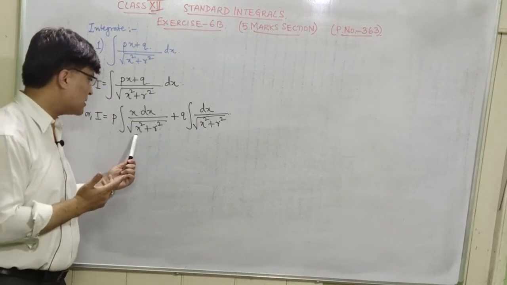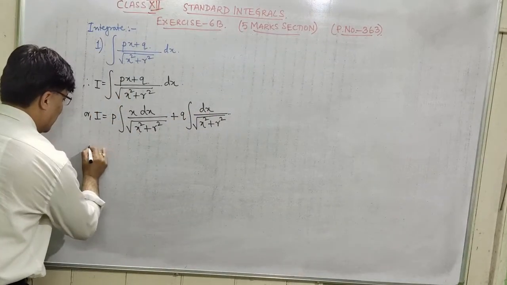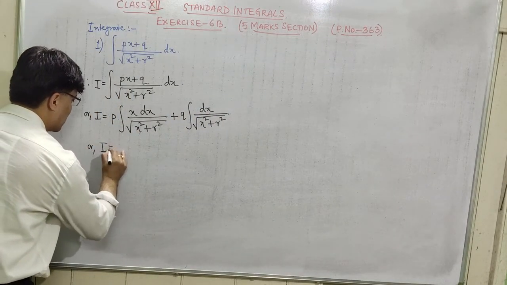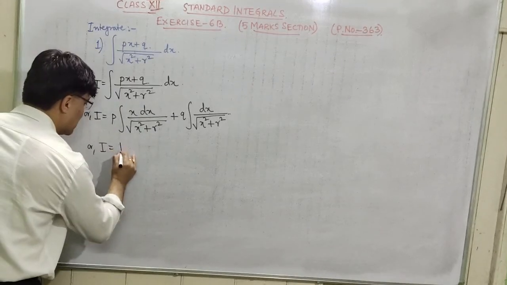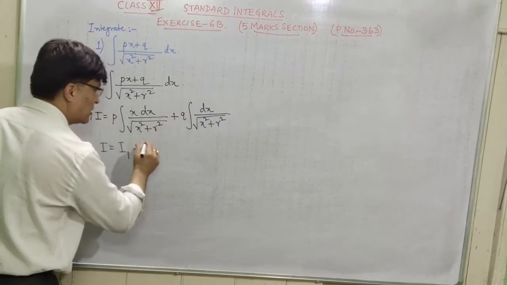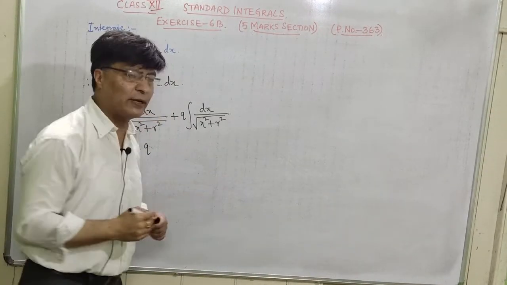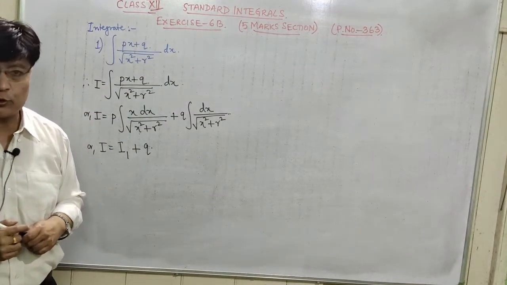So let us mark this as I1 and this as I2, or directly you can integrate it. Here you have to use the method of substitution. Suppose this is I1, plus, you can directly use the standard integral here: q into, what is the integration of dx divided by root over x square plus r square.